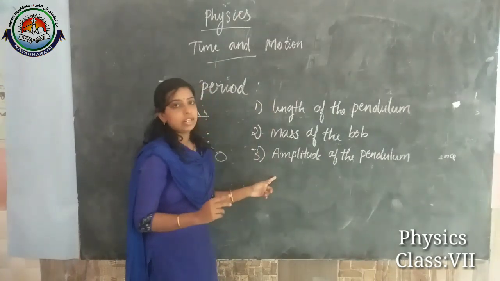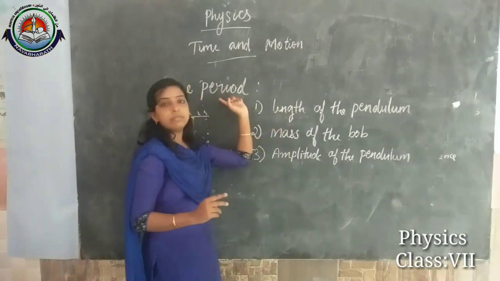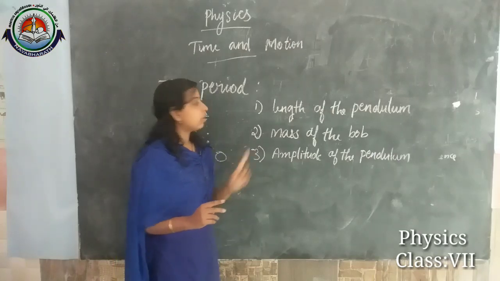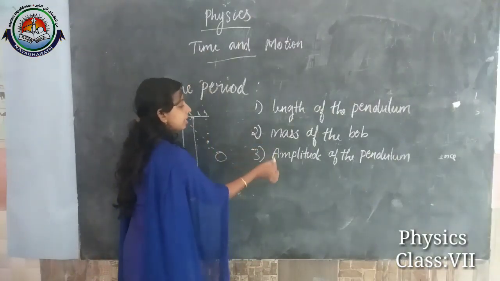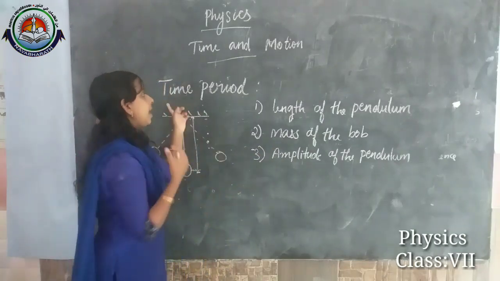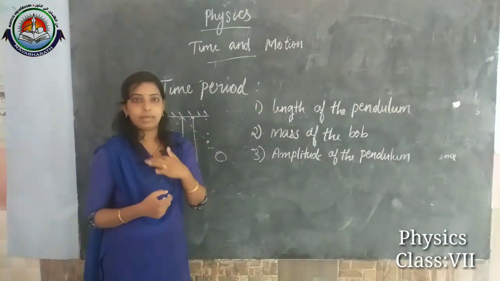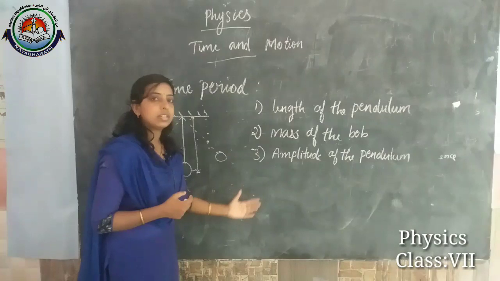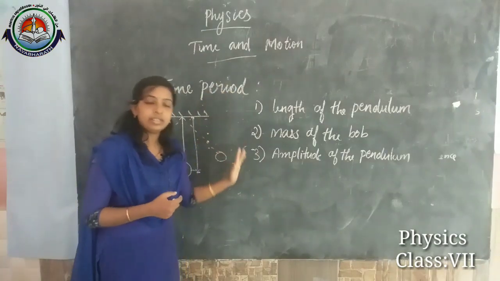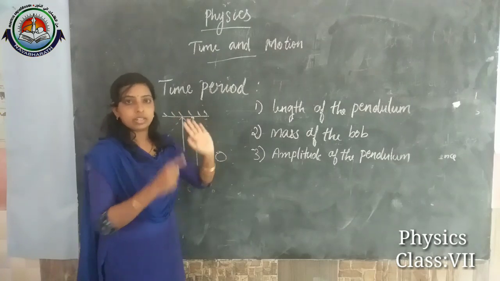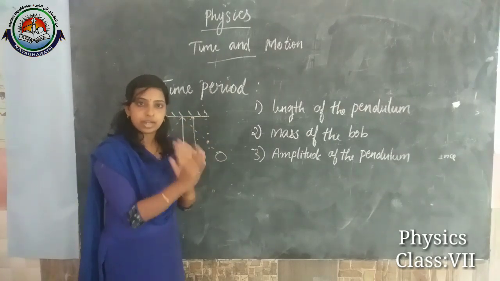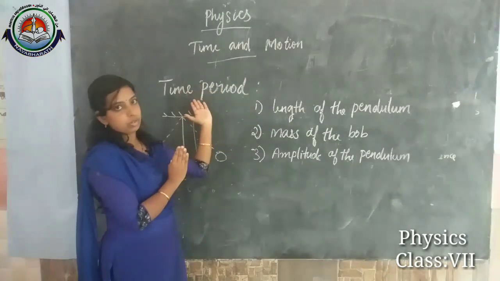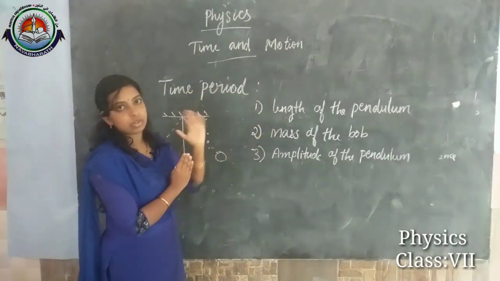Out of these three, only the length of the pendulum affects the time period. The time period does not depend on mass and amplitude, it actually depends on the length of the pendulum. That means when length increases, time period also increases. When length decreases, time period also decreases. So they are directly proportional.